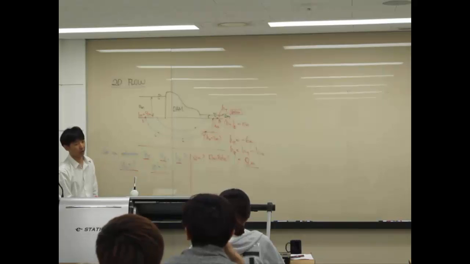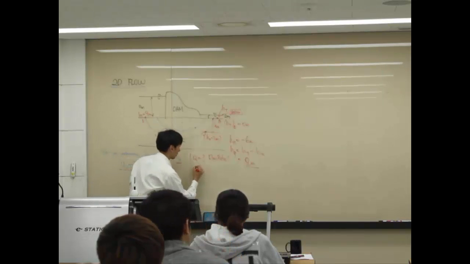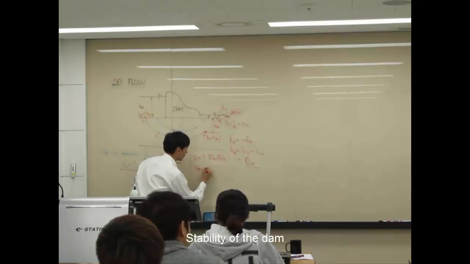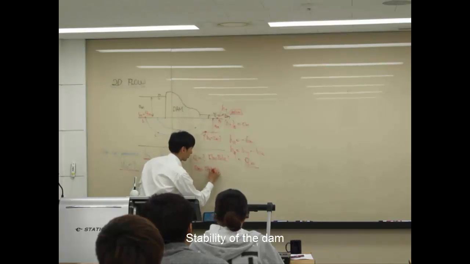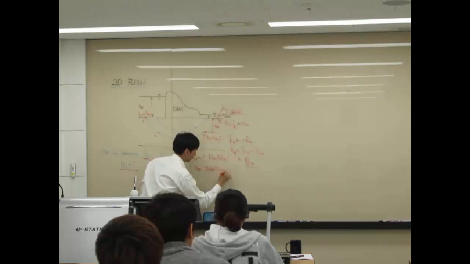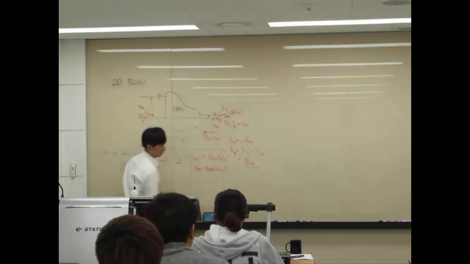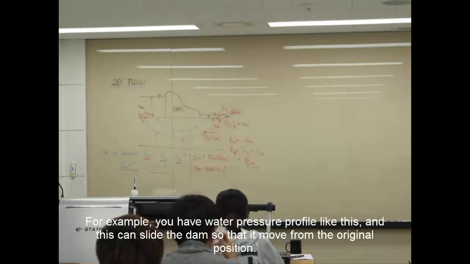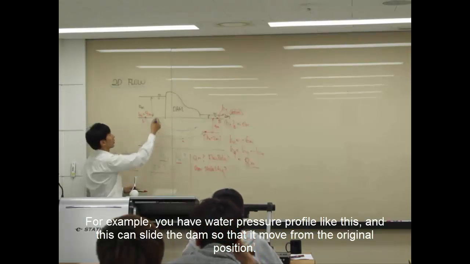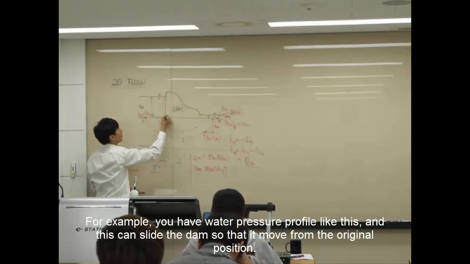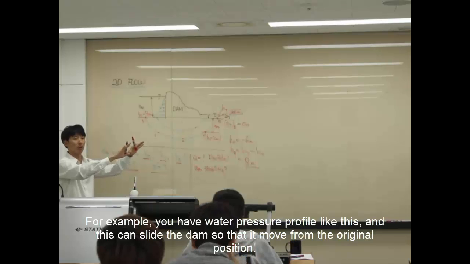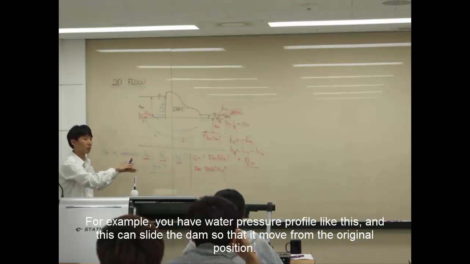For a given section, and stability of the dam. One example is that you have a water pressure profile like this, and this can slide the dam so that it moves from the original position.